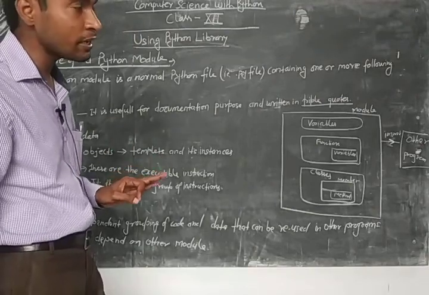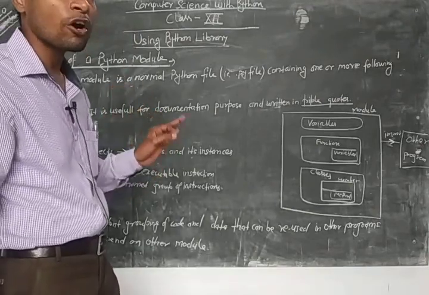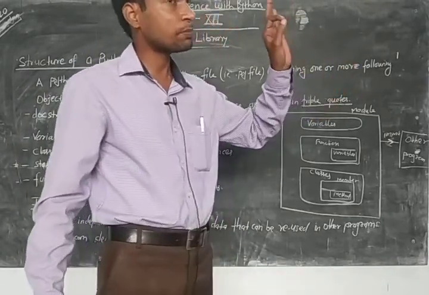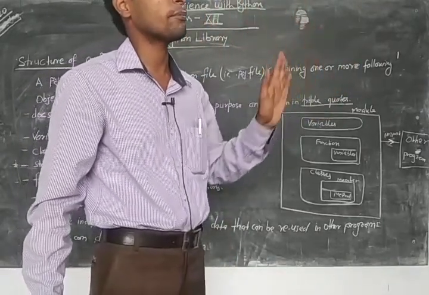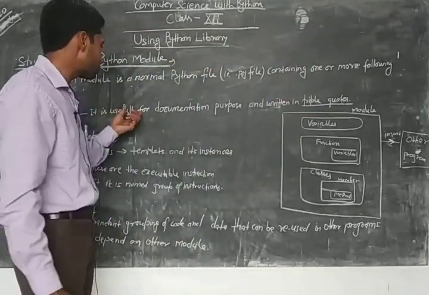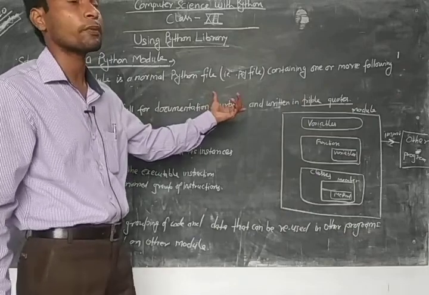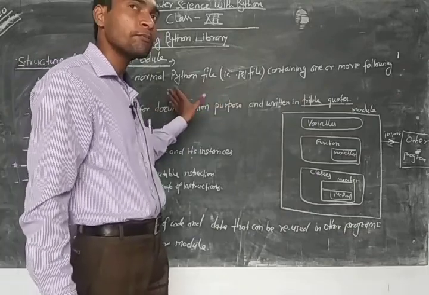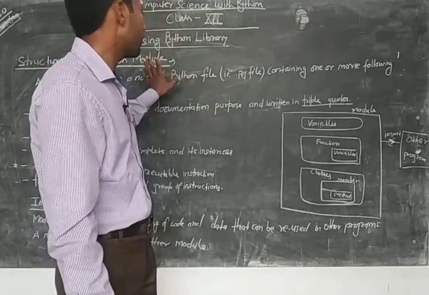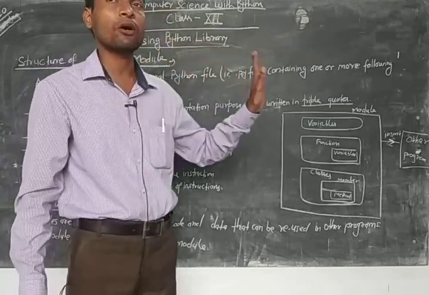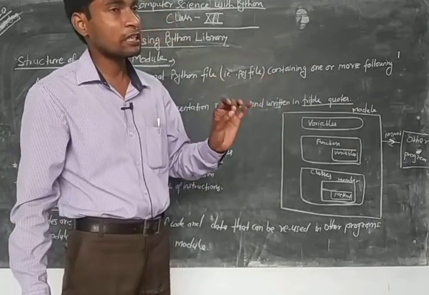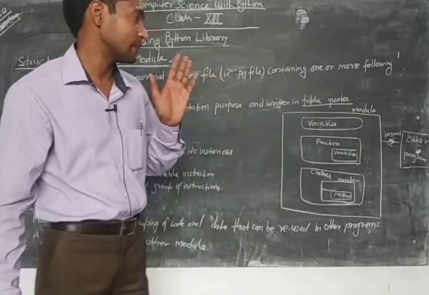We know very well that the strings written in triple quotes are displayed in the same way on the monitor screen. So it is clear that a docstring is useful for documentation purposes. It only contains information about the module, for which purpose this module is designed, what this module will do. It is only a specification, you can say.